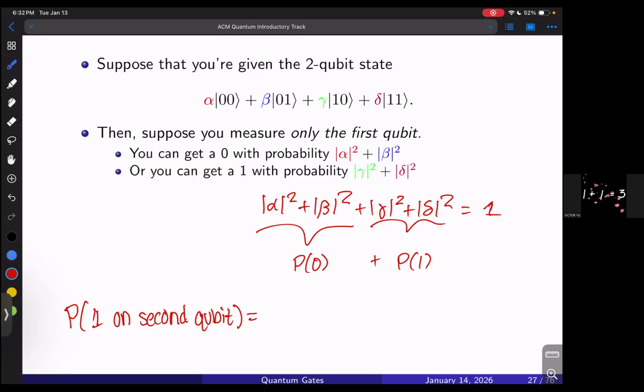Yeah, would be beta squared plus, is that gamma, the last one? No, the last one's delta. Yeah, I mean, you had the right idea. So this term has a 1 in the second entry, and this one has a 1 in the second entry. So the probability of getting 1 on the second qubit is mod beta squared plus mod delta squared. Good.